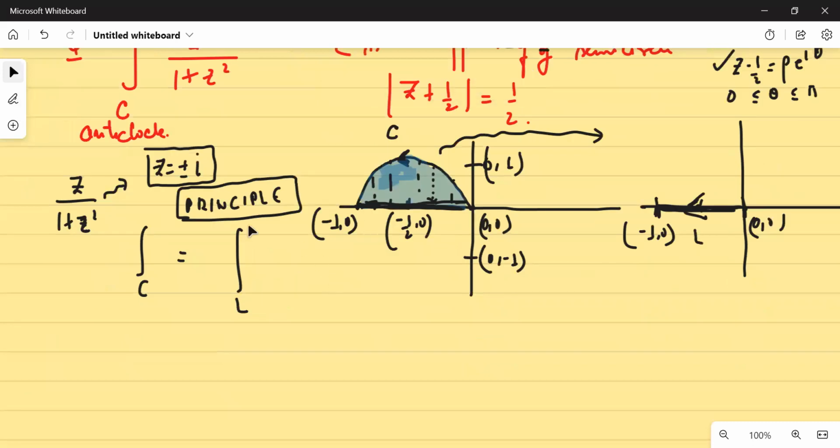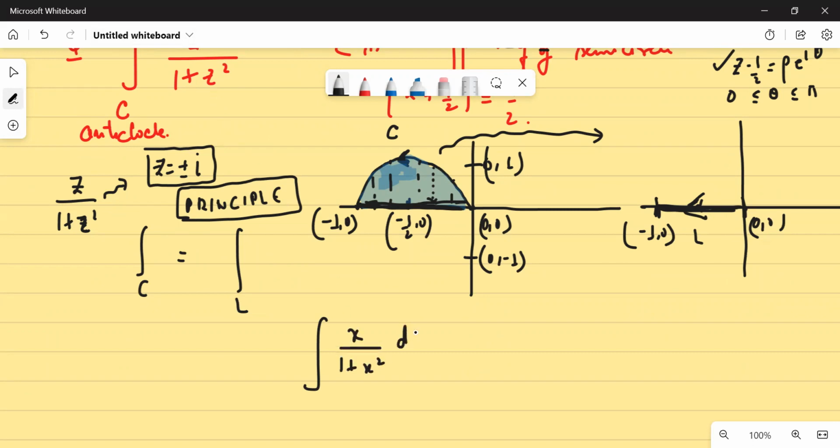Okay, so what will be the integration? Why am I doing this? Because right now I have not taught you in detail how to integrate parametrically. I have not done many questions, but you know from your standard 12 integration where only x is involved. On the x-axis the y coordinate is 0, so this entire thing will become x upon 1 plus x square dx.